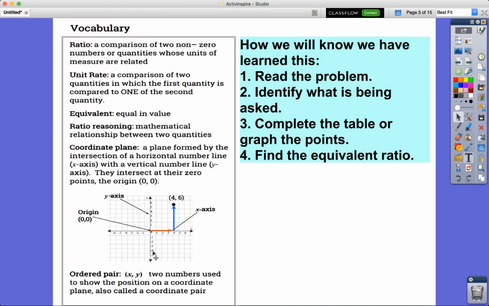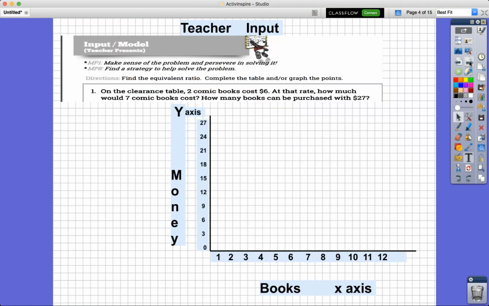You're not going to be using any negative numbers for the work that you're going to be doing today. So your work is all going to be in quadrant 1, where your values are positive and positive. Okay, and then the ordered pair are the two numbers used to show the position on a coordinate plane, also called a coordinate pair.